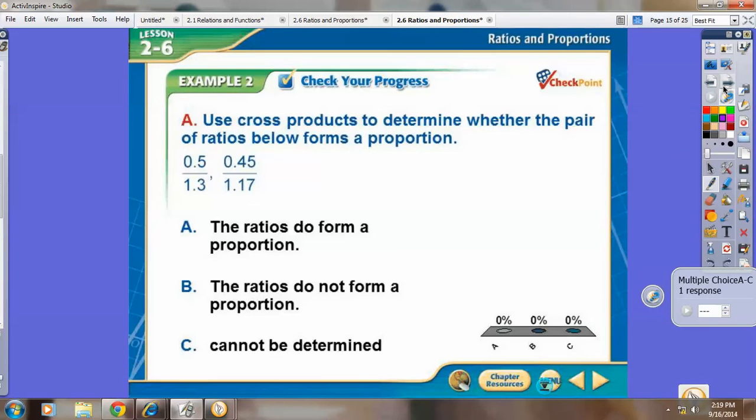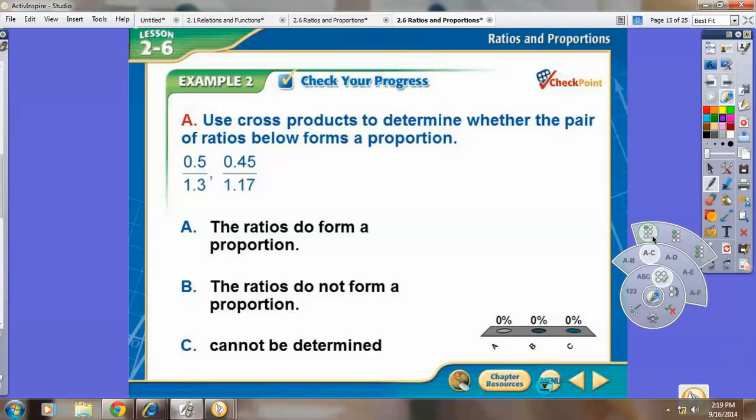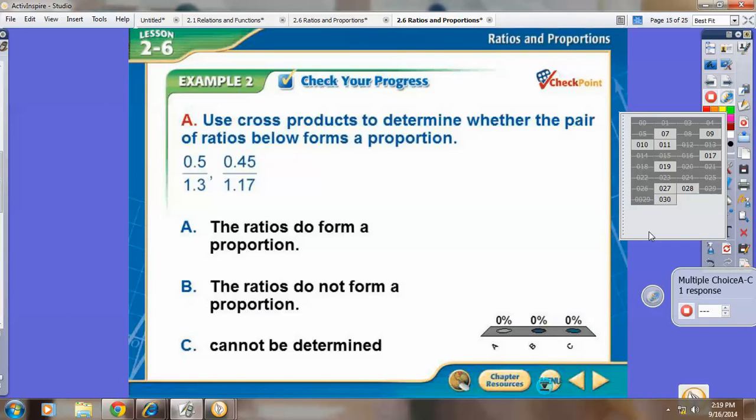Skip that one. Go to this one. I want you guys to try this one on your own if you would, please. On your clicker. Determine whether these are equivalent. So this would be example 4, I believe.